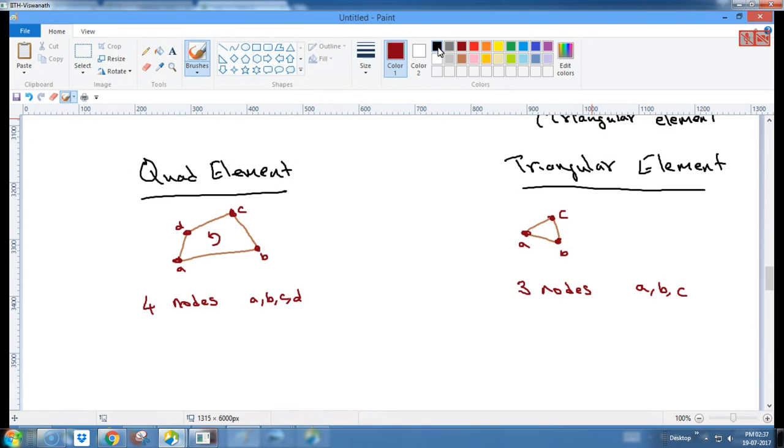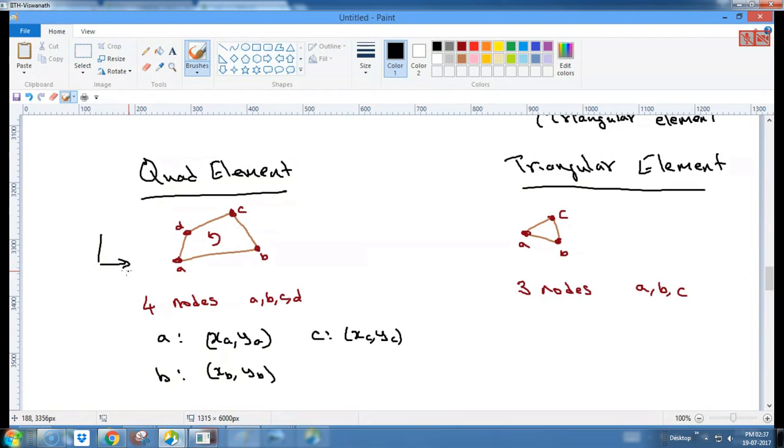And I can see that node A is defined by XA and YA, and node B is defined by XB, YB. Node C is defined by XC, YC, because it's 2-dimensional.